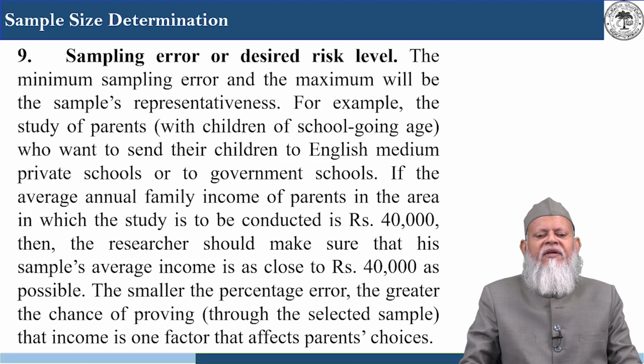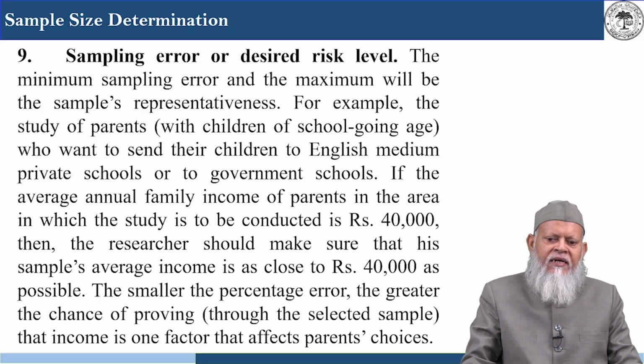If the average annual family income of parents in the area in which the study is to be conducted is, say, 40,000, then the researcher must make sure that the sample's average income is also close to 40,000 as far as possible. So, the smaller the percentage error, the greater the chance of proving that income is one factor that affects parents' choices.